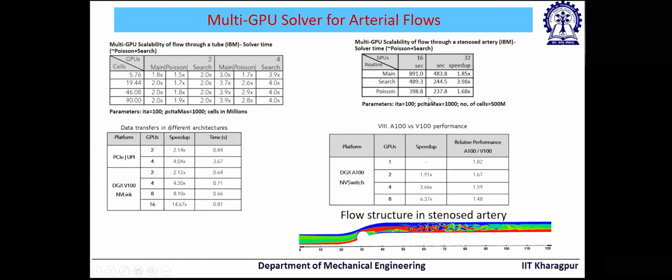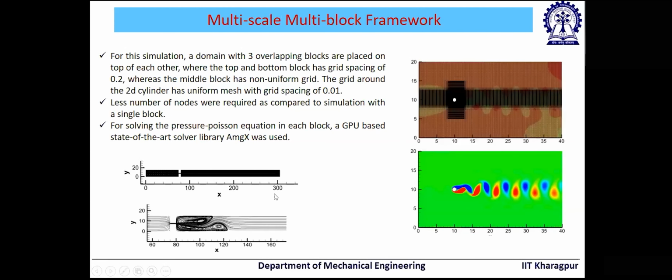And in 32 GPUs, we can also see that we are getting good speed up. Compared to 16 GPUs, we are getting almost twice the speed up in 32 GPUs when solving the Poisson equation. And we got around 6.7 times speed up in 8 GPUs in A100 DGX using NVSwitch, which is a much faster data transfer rate, and we solved the arterial flow problems.